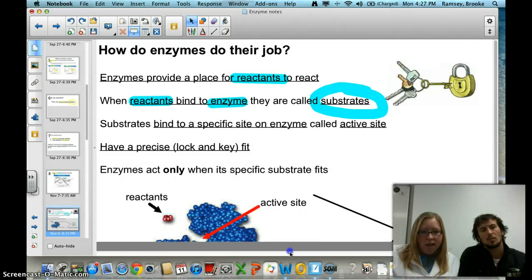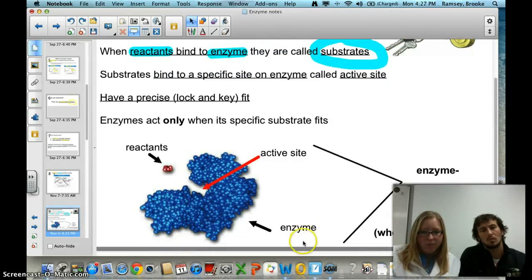If you look down here at this picture, this is the enzyme. Right here is this active site where the reactant comes in. When the reactant comes in, this is what we call an enzyme substrate complex, where all of this fits together, and then the chemical reaction can happen a lot faster.